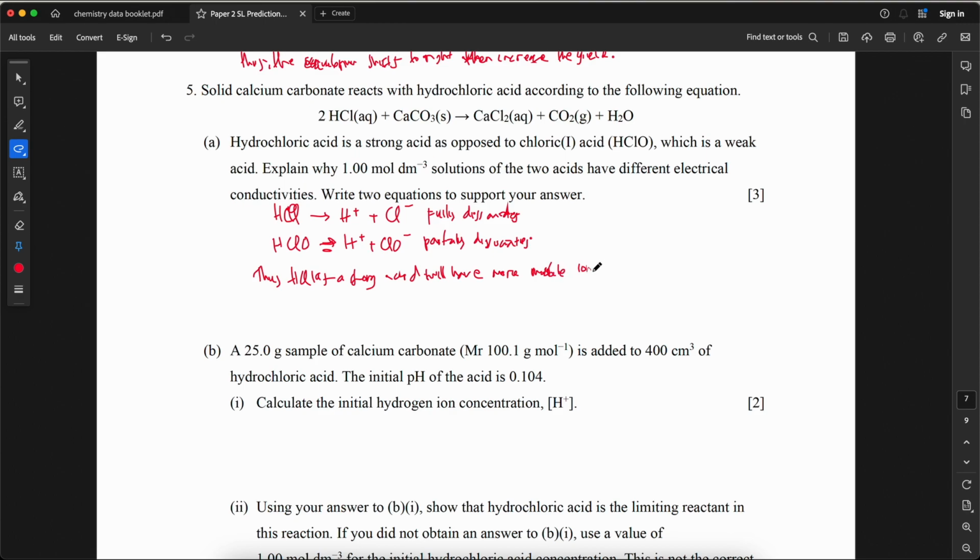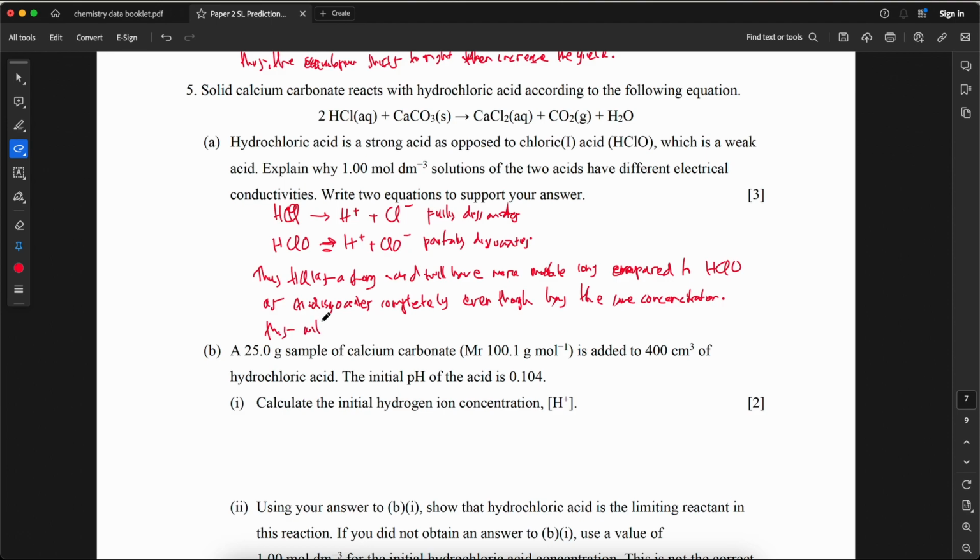mobile ions compared to HClO, as it dissociates completely, even though it has the same concentration.